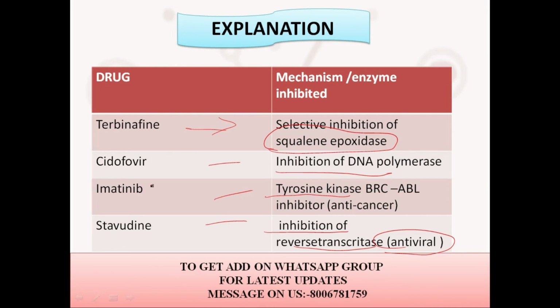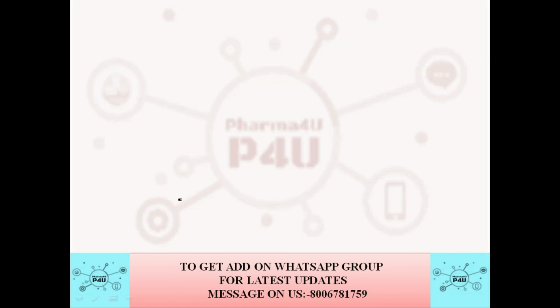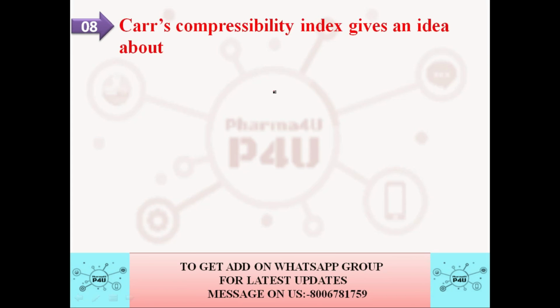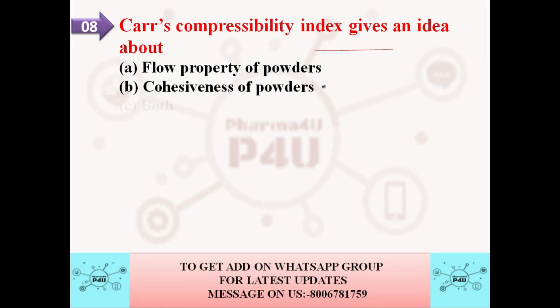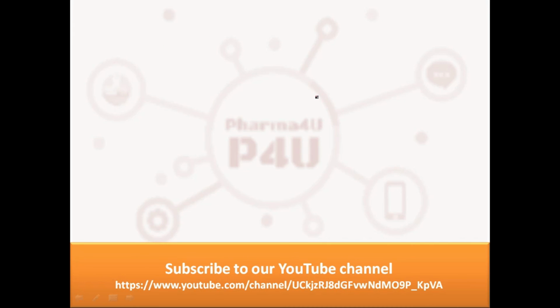So students, next question is, Carr's compressibility index gives an idea about the flow property of powder, cohesiveness of powder, both or none. So Carr's compressibility index gives an idea about the flow property of the powder or cohesiveness of the powder.